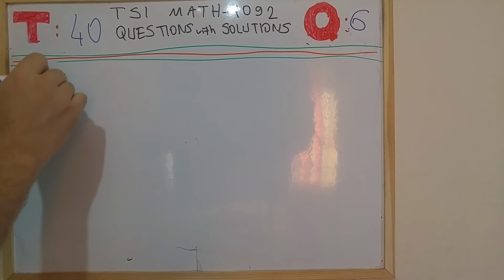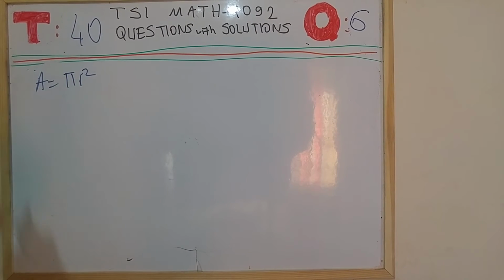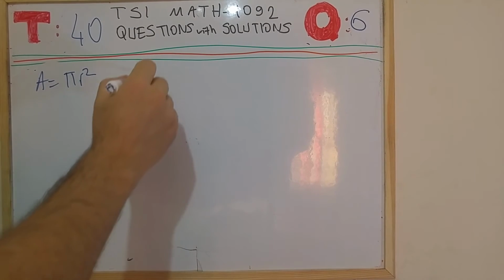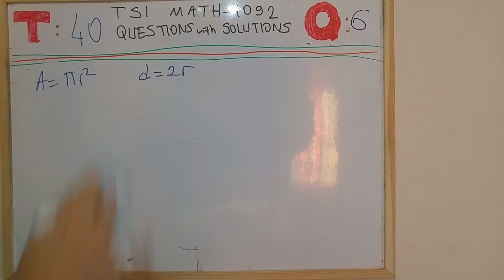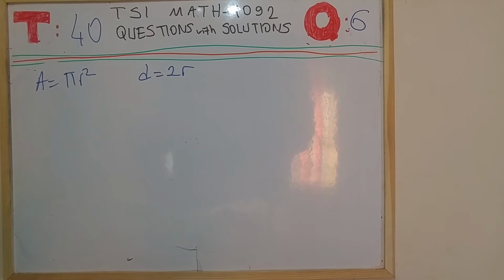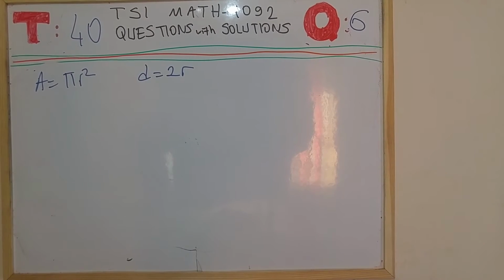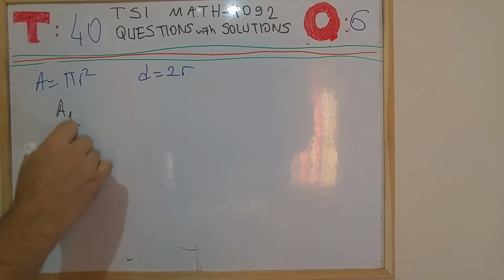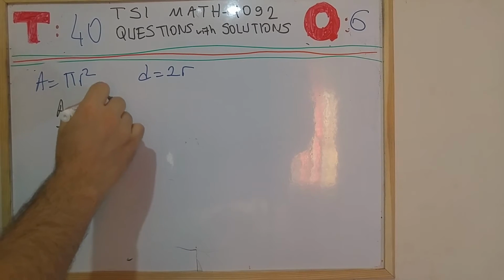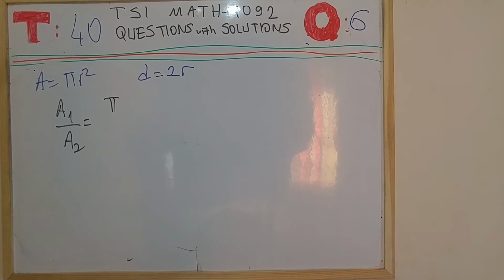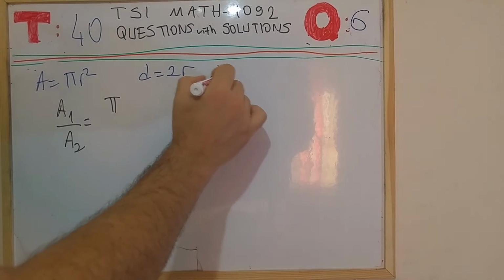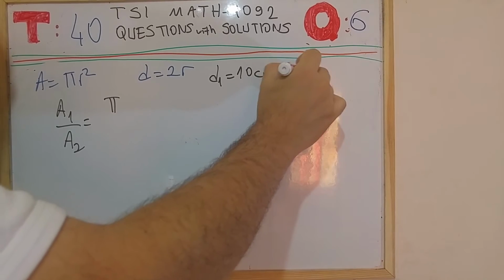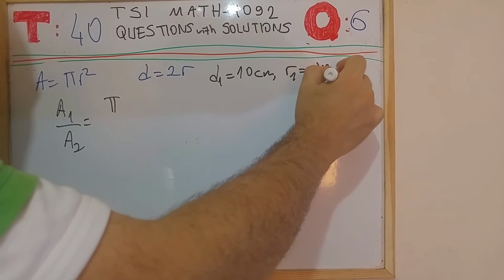Circle area is given as pi r square, where r is the radius, but they give us here the diameters, and the diameter is equal to twice the radius. So let's calculate it. The ratio a1 to a2 is equal to pi r square. As we see, the diameter of the first circle is 10 centimeters, so the radius is half of it, 10/2, which is equal to 5.